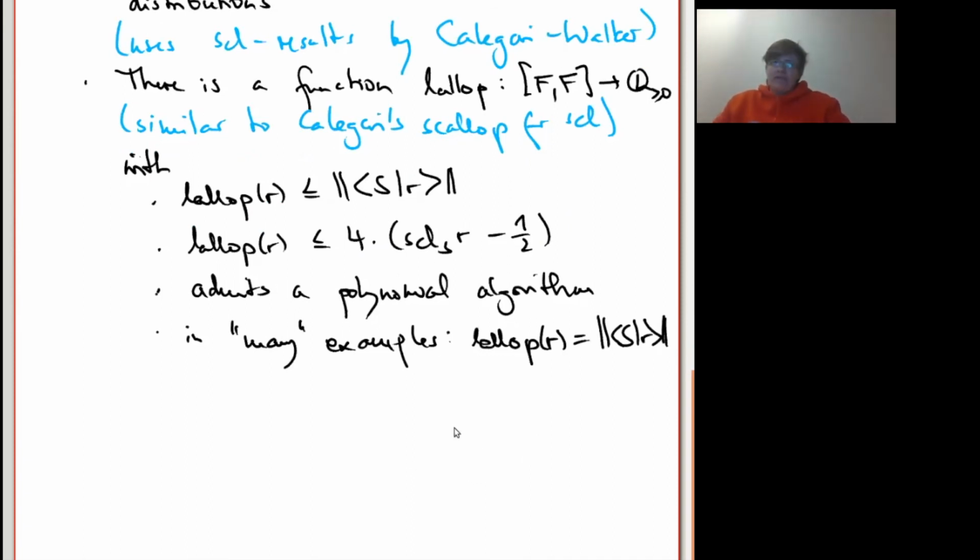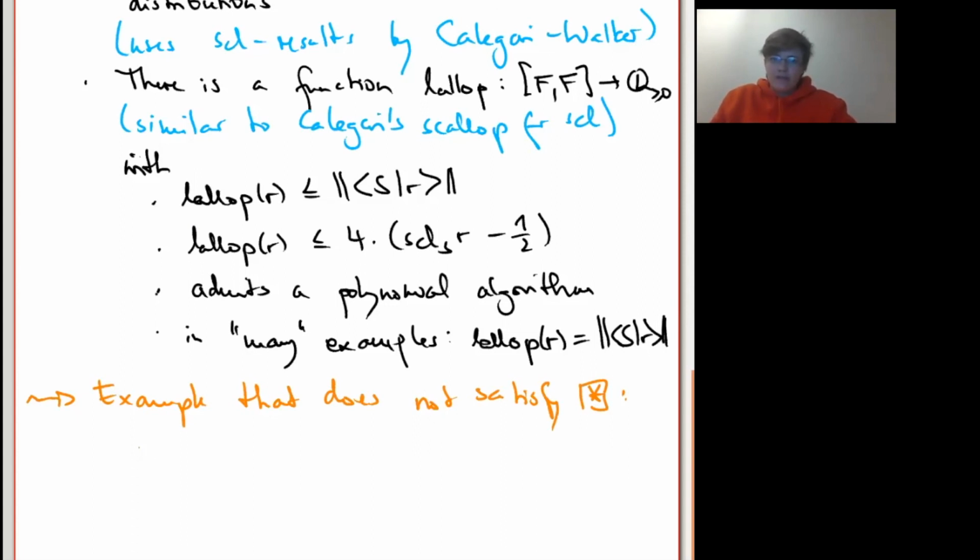And in fact, what we found, after looking for a while, is an example that does not satisfy star. For a long time, we believed that star should hold and that we just cannot prove it, but it turns out that there are exotic elements.